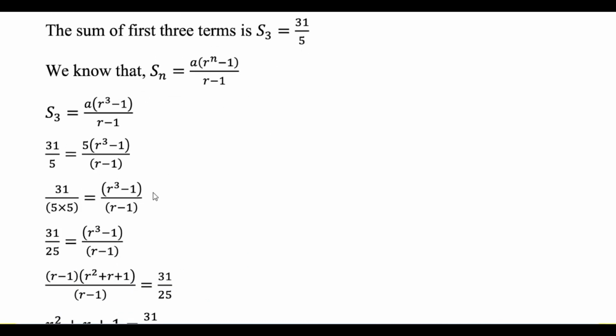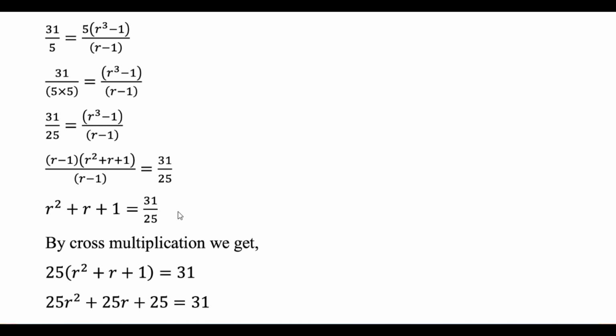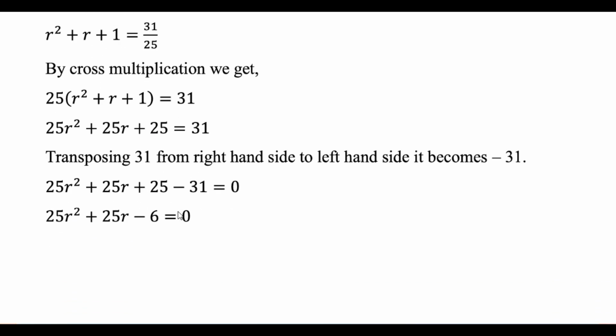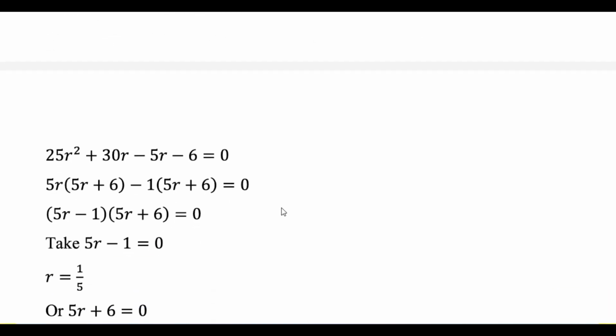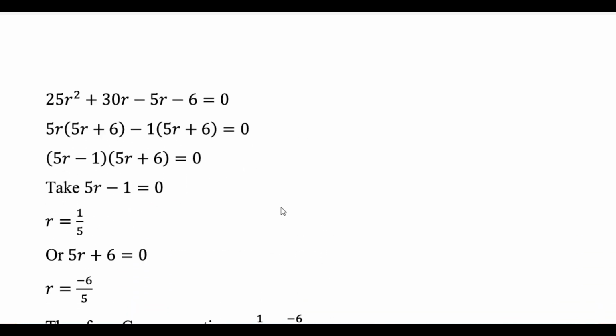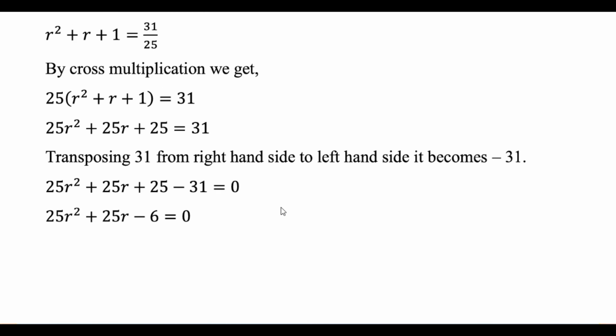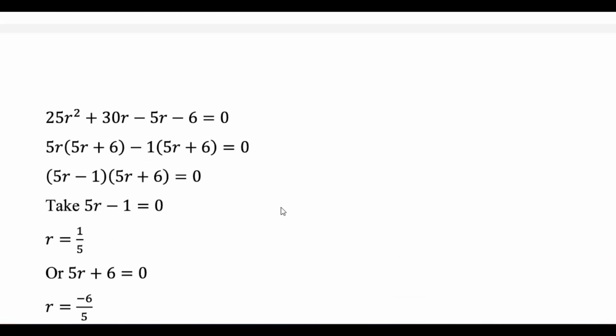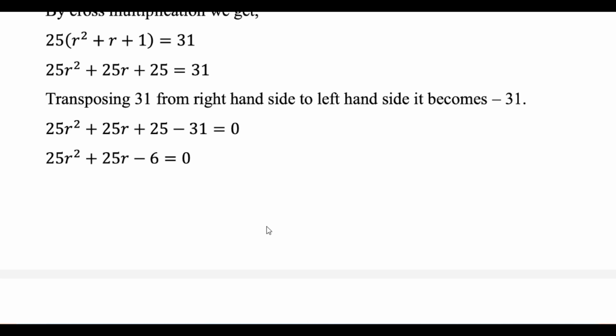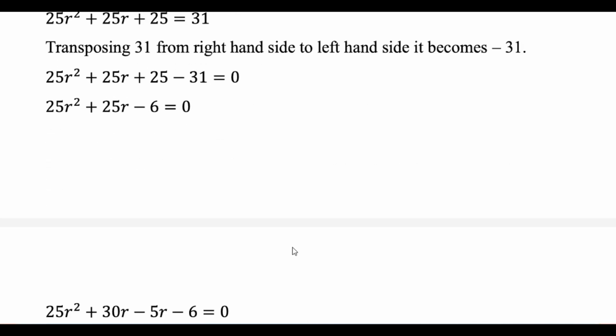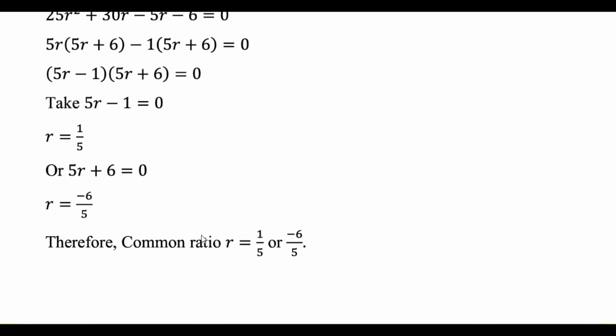After that, putting the required values, a little bit of simplification, then cross multiplication, then the middle term, you will get the values of r. You can take a screenshot of this particular page. I am not going into detailed calculation as it is very clear and very easy. So you will get the value of r as either 1 by 5 or minus 6 by 5.